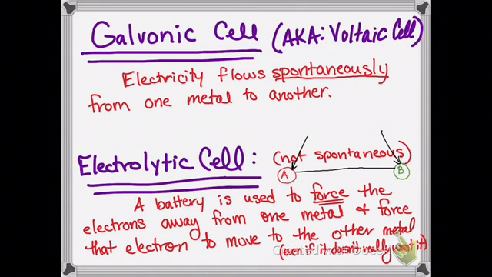But then in between, we like to place a battery. So I'll place a battery right here, that will make the electrons be pulled away from one of the metals and then forced into the other metal to receive them. So even if one metal doesn't want to lose electrons and the other doesn't really want to gain those electrons, we can force it to work with a battery or some other electrical source.